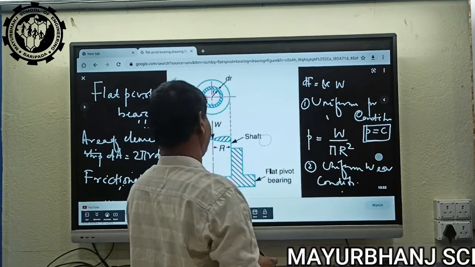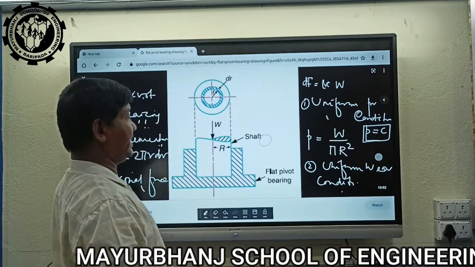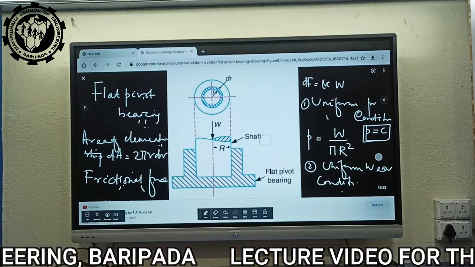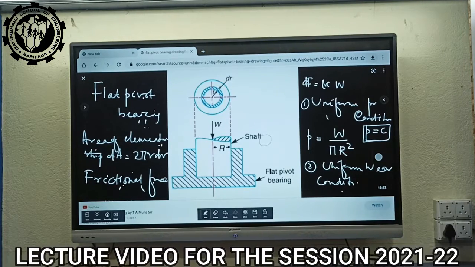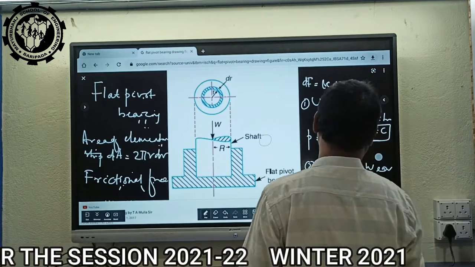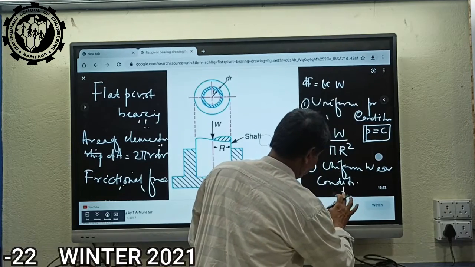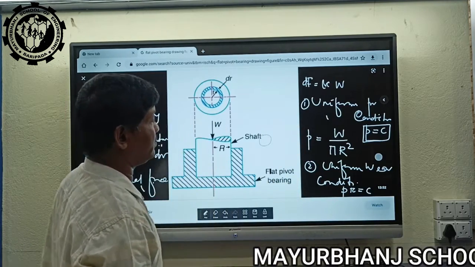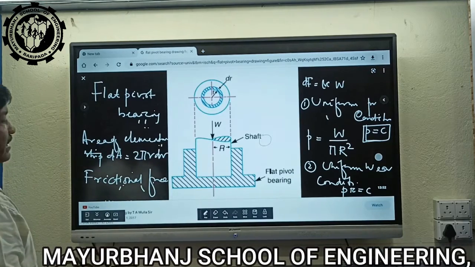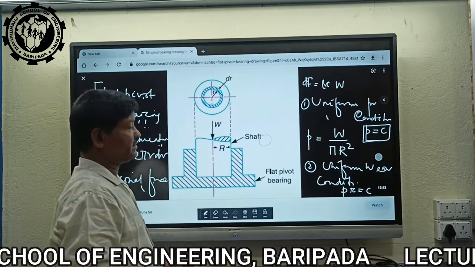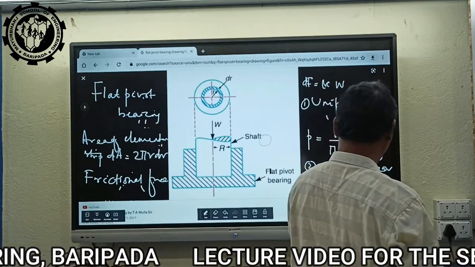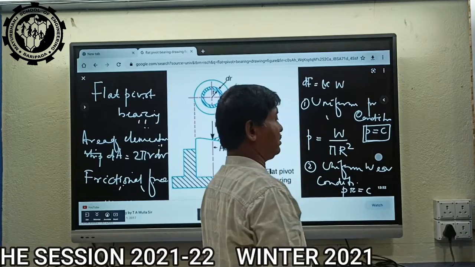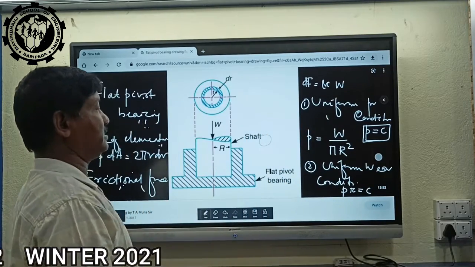Uniform wear condition means the bearing is old, and the rubbing velocity, which depends on the radius of the surface from the center, multiplied by pressure is constant, that is, P R is equal to C. Pressure into radius is equal to C and the bearing is old. Here P is not constant and r is also not constant, but their product is constant.